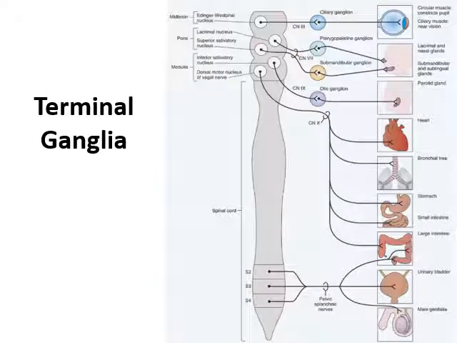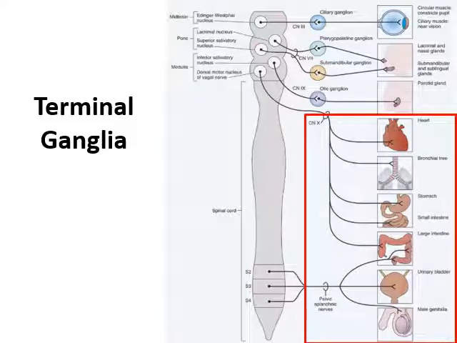Now, the terminal ganglia are present very near or in the visceral organ itself. They are for the relay of the 10th cranial nerve, the vagus, its parasympathetic fibers, and also for the pelvic parasympathetic fibers. The postganglionic fibers are very short, about 1 millimeter up to several centimeters in length.